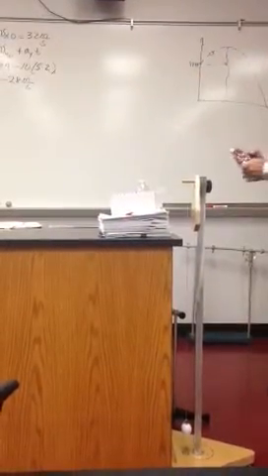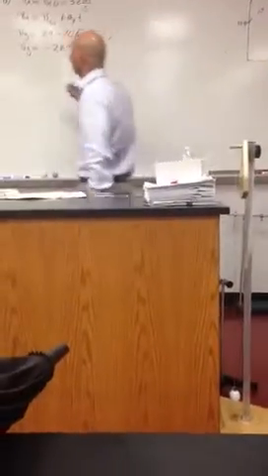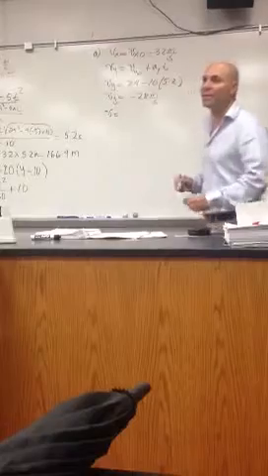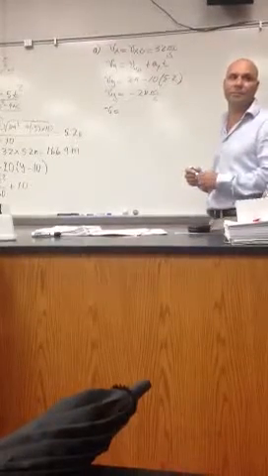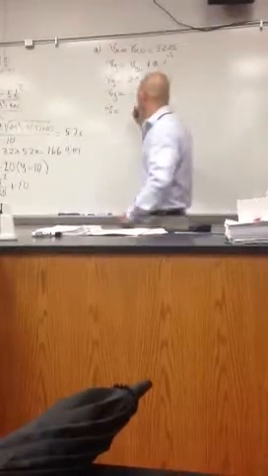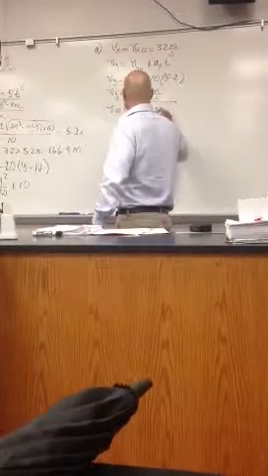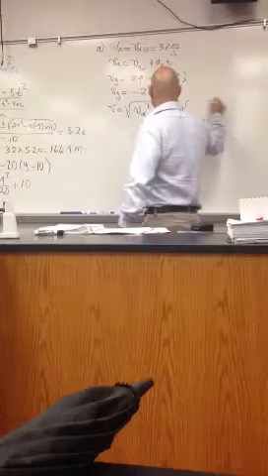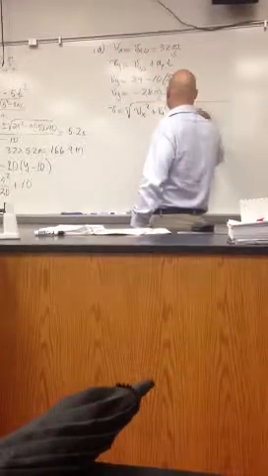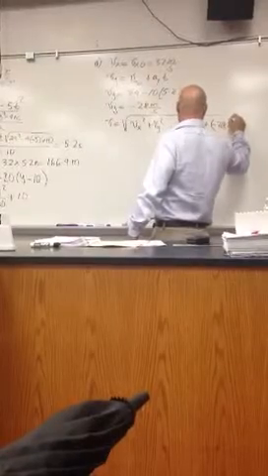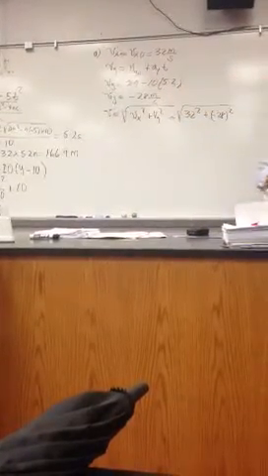Okay, next. We want to find the speed. How can we get the speed once you have the vx and vy? Square root of vx squared plus vy squared. This, you get the speed.